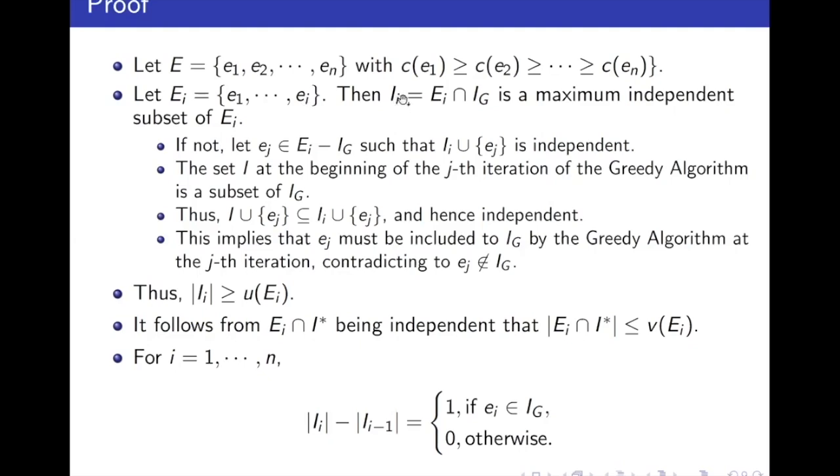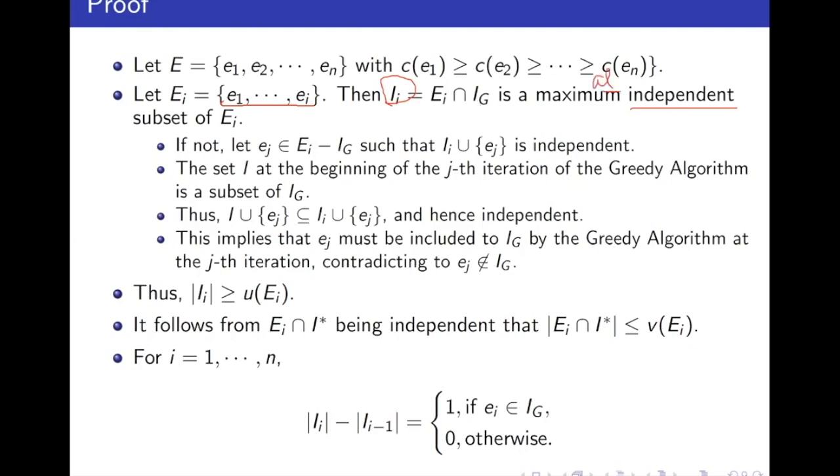We let the set I sub I be EI intersect IG. What that means is that at the ith iteration, this is what the elements I have looked at. Some of them will be included in IG, some of them will not. I am looking at everything that's included in IG, and I'm going to call it I sub I, which is independent because of how we include something into IG. It is independent, but then we're going to show that it is a maximal independent subset of EI.